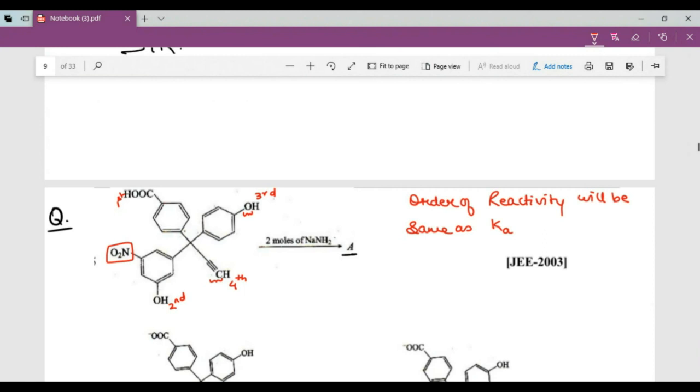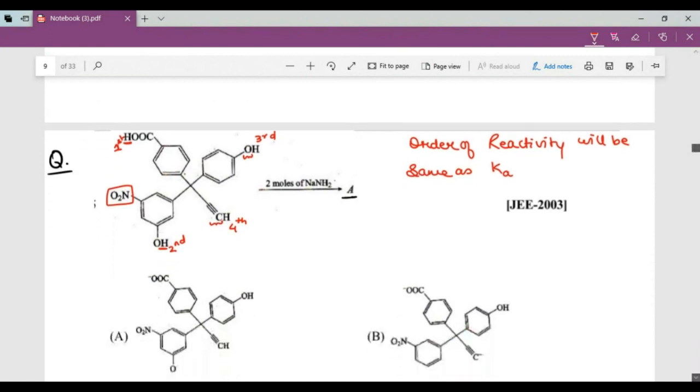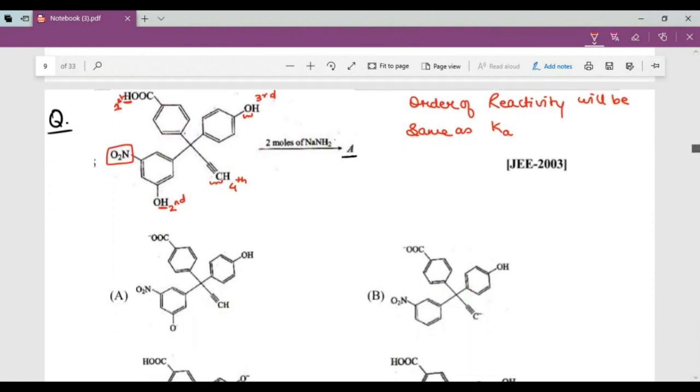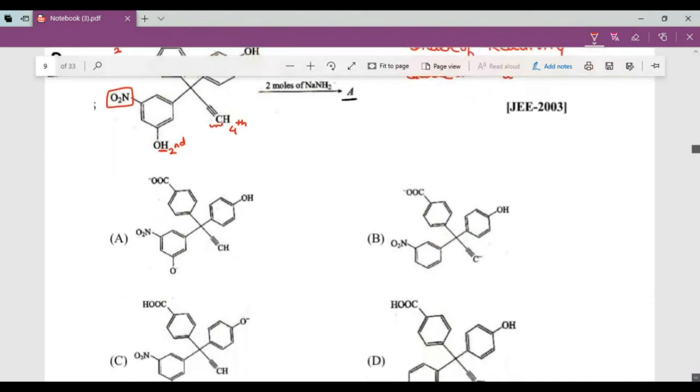So if I give the first mole of NaNH2, the first site of deprotonation is this H plus. The second mole of NaNH2 will deprotonate this site. If they would have given a third and fourth, then the others would have been taken in this acid-base equilibrium. But here it is not so. So let us check.